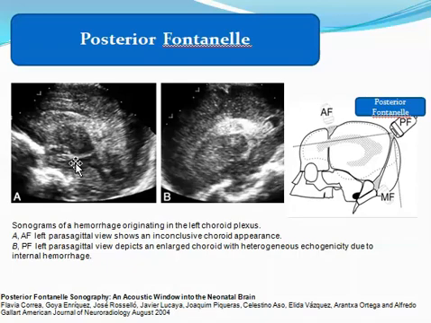So you can see the difference between the parasagittal image taken from the anterior fontanelle and the one taken from the posterior fontanelle. The addition of the posterior fontanelle approach to the sonography will increase the examiner's confidence in studying the neonatal brain.